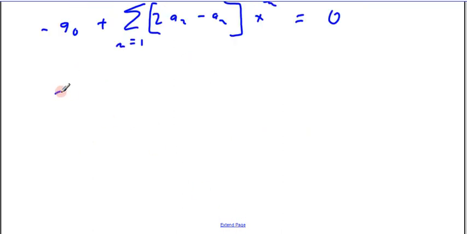And we can rewrite that as minus a0 plus summation n equals 1 to infinity (2n minus 1) a_n x^n is equal to 0.